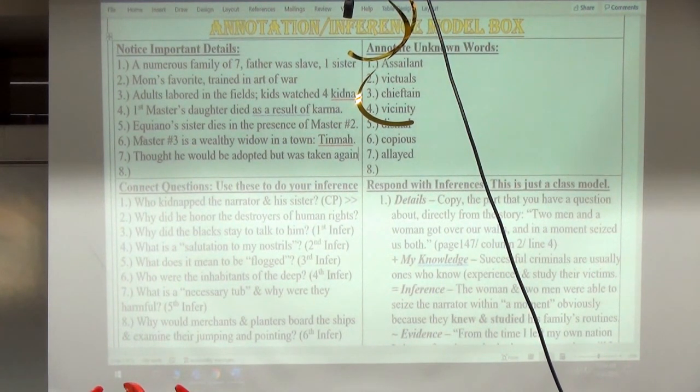And that will be the evidence that we collect from exactly what he says in this last paragraph. Remember, the evidence comes directly from the text to try to back up what you say your inference is. So his experience with the European masters is probably going to be horrible.